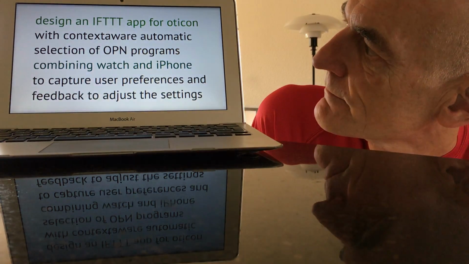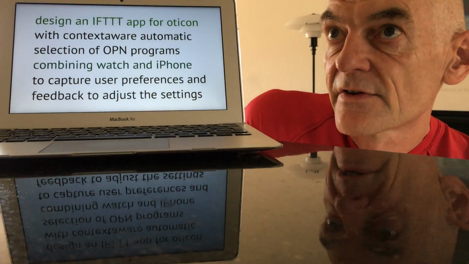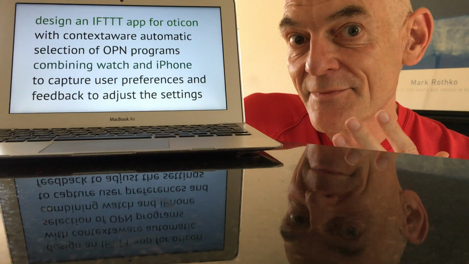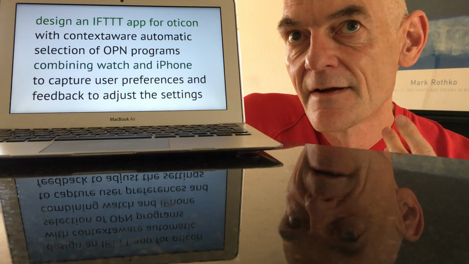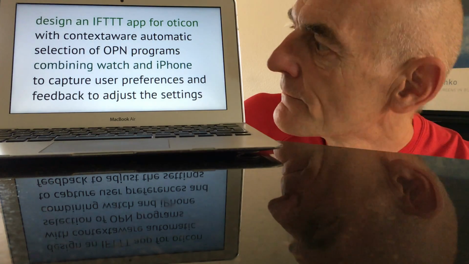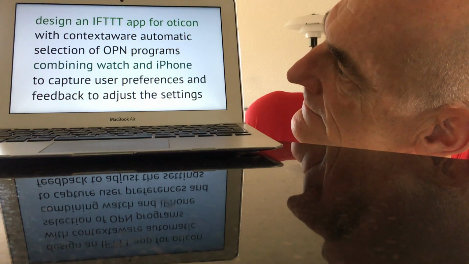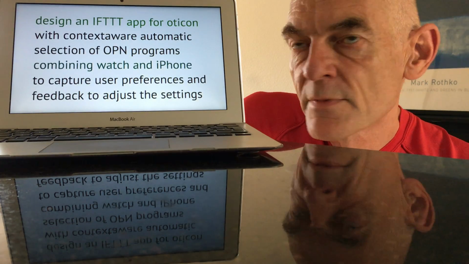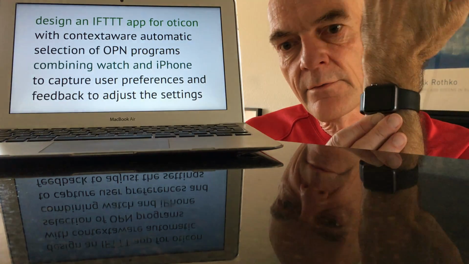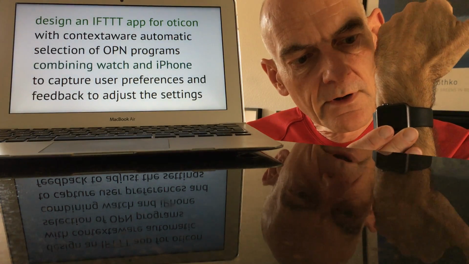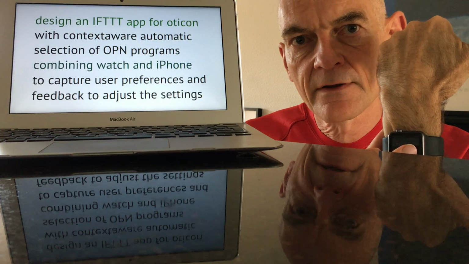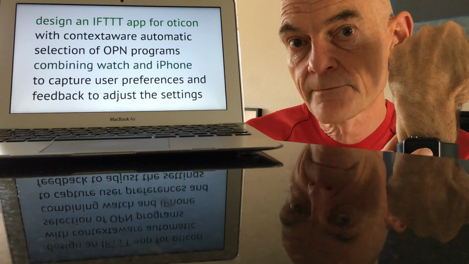So you want something which has a reasonable UX experience in terms of what are your preferences in different settings. And what would be real nice, the reason why we talk about the watch, is we can use the watch, of course, for both presenting things and for inputting responses.